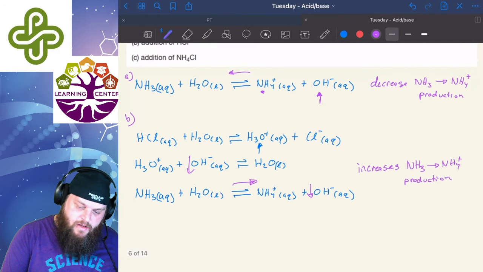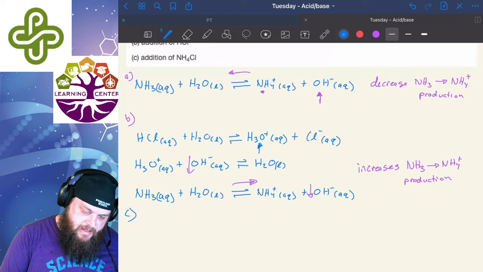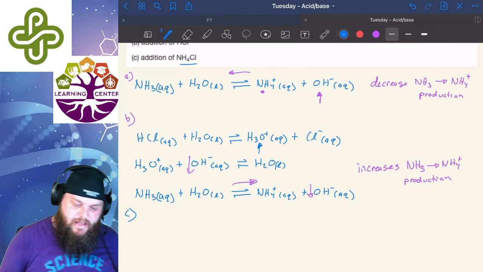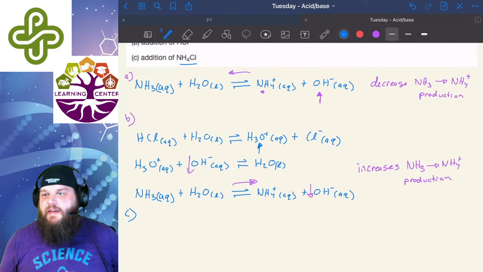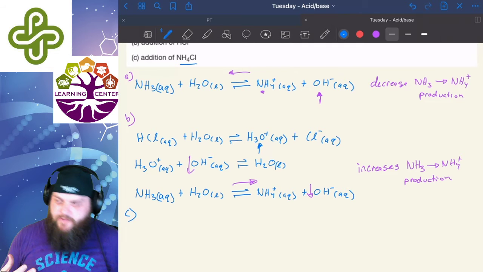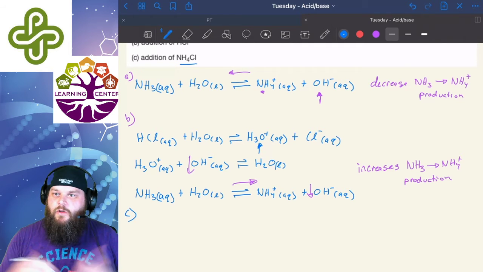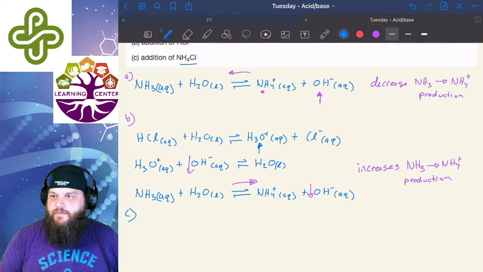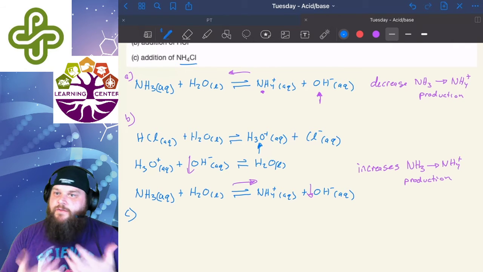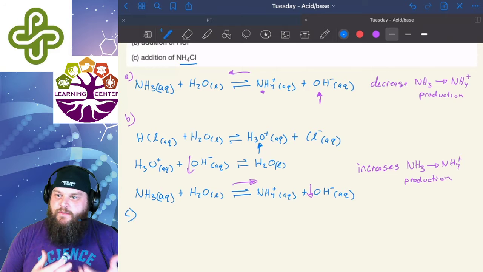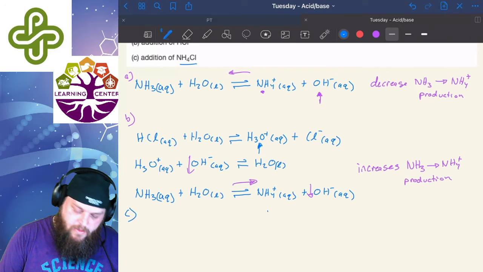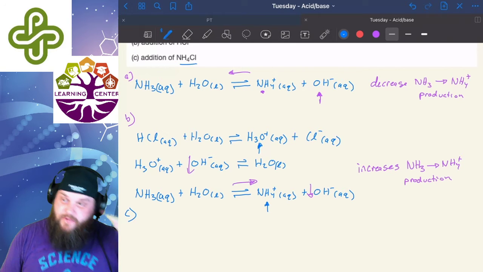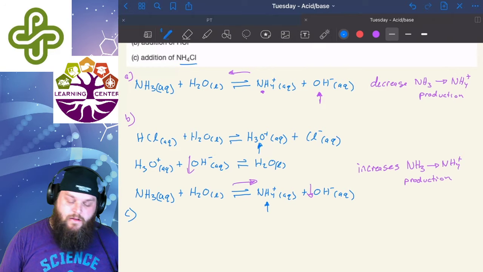The last one on this one is part C, which is NH4Cl. You might guess, just by looking at this, NH4Cl is going to dissociate. Chloride is going to be floating around in water, just happily floating as an ion, and NH4 is going to be floating as a positively charged ion. Essentially, we're going to increase that NH4 concentration, and by doing that, very similar to part A, we're going to shift the equilibrium towards the left-hand side.